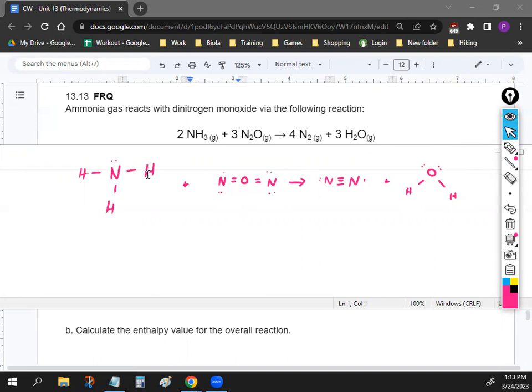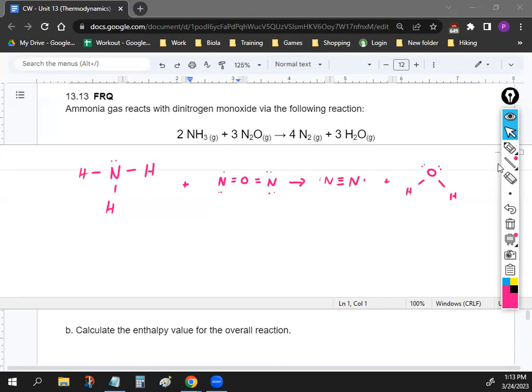I'll give you some time to draw it and try out the problem on your own. If you notice, you can see all the bonds that are there. Each compound has different bonds in it, and you're going to refer back to the table, which tells you the energy that each bond has.